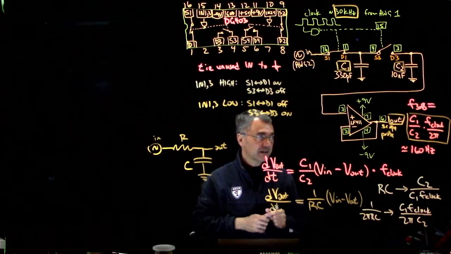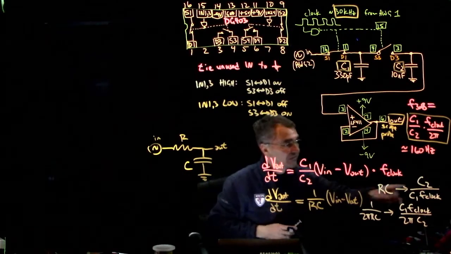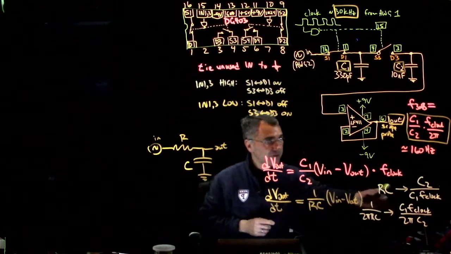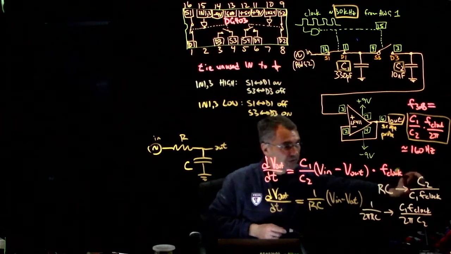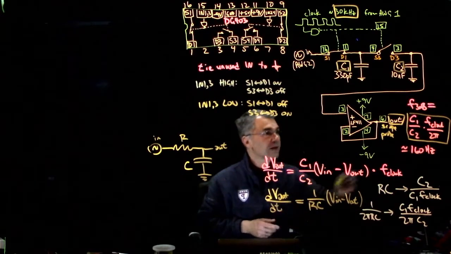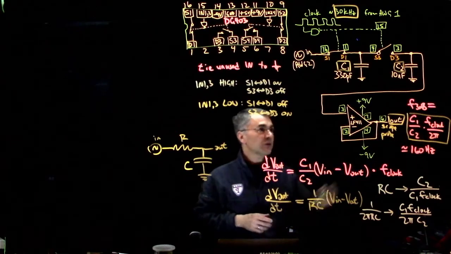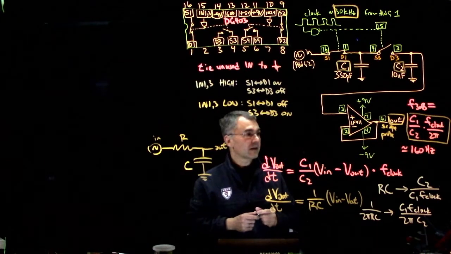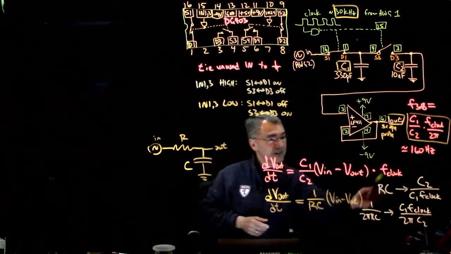That also makes sense because this has dimensions of time and this has dimensions of time. So if that's true, then 1 over 2 pi RC, you flip this upside down and divide by 2 pi, so you have C1 f clock over 2 pi C2. And lo and behold, you have C1 f clock over C2 2 pi.